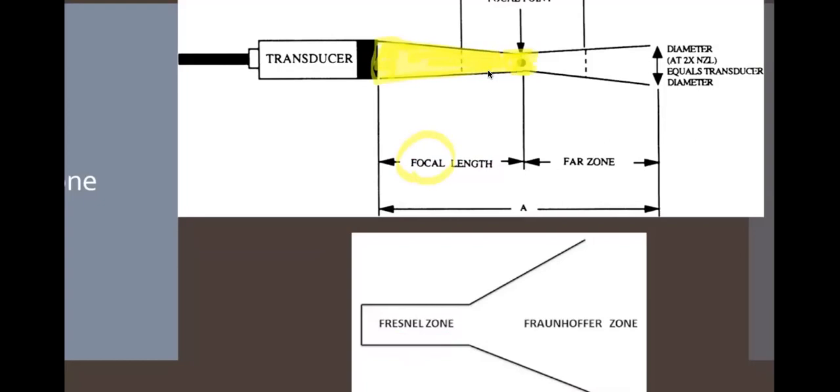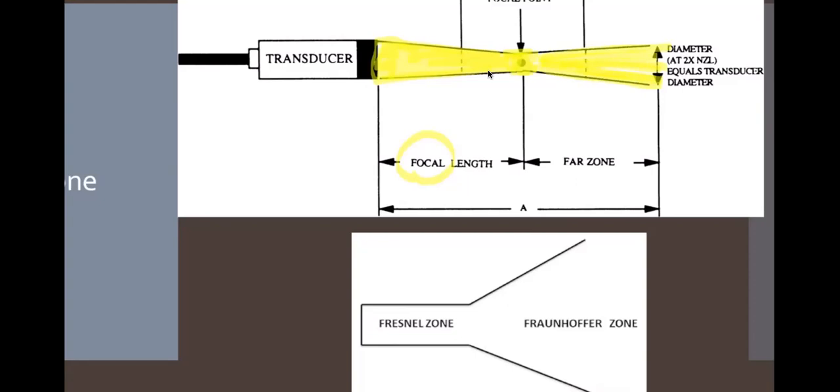The worst part of the image, or the most inaccurate, is going to be anything in the far zone. The wider the transducer gets, the wider the beam gets, the more negative effect it has on your image. So the smaller the area, the better the image, because there's also a higher amplitude, power, and intensity.